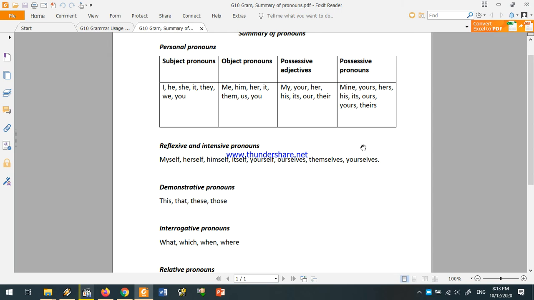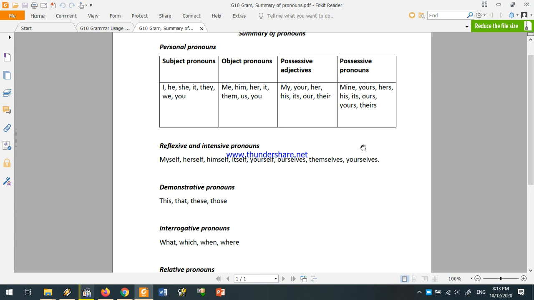Next we have reflexive and intensive pronouns, such as myself, herself, himself, itself, yourself, ourselves, themselves, yourselves. Reflexive and intensive pronouns are basically the same things. However, intensive depends on the grammatical function or the usage within the sentence. Reflexive pronouns are used to refer to the same person.